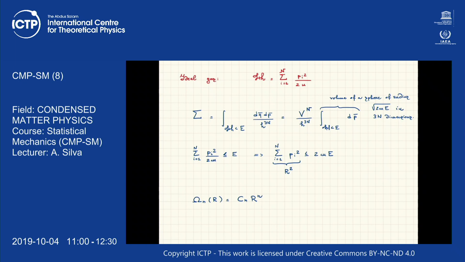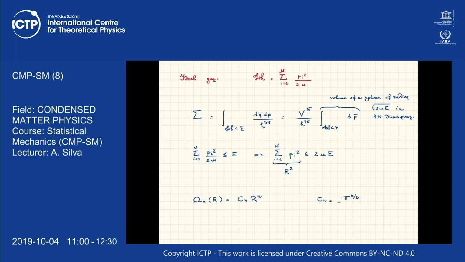Right? So this is expected. N for us is going to be 3 big N. Now, Cn, how do you compute Cn? Well, you can compute it in many ways, but I'm not going to do it. So we are going to proceed in Wikipedia mode, and I'm going to give you the result.